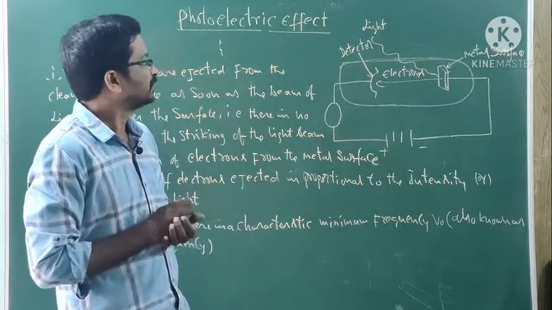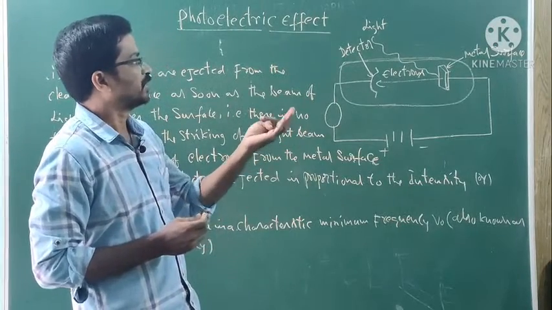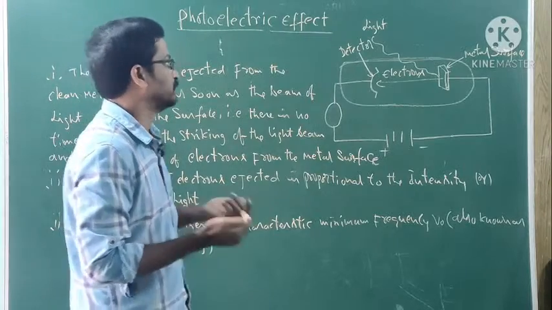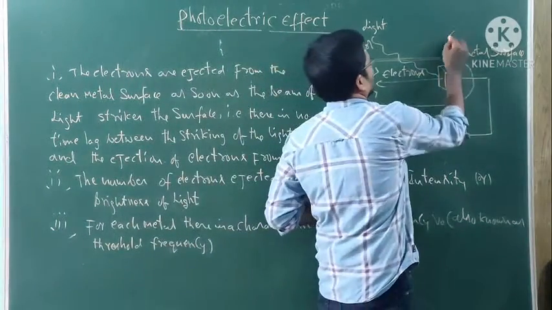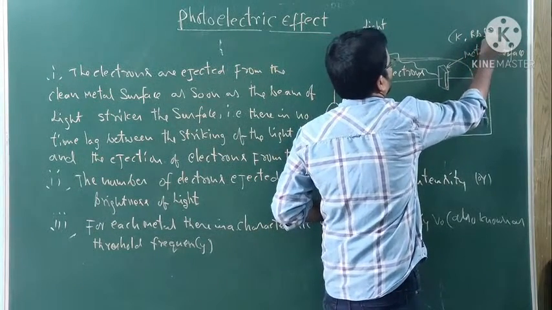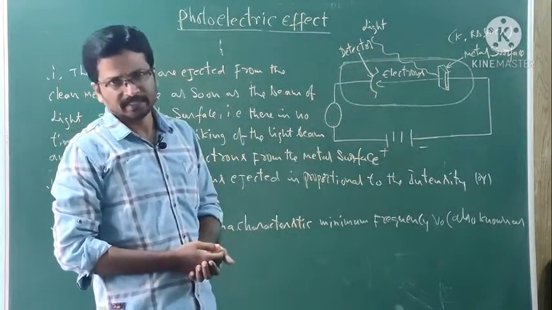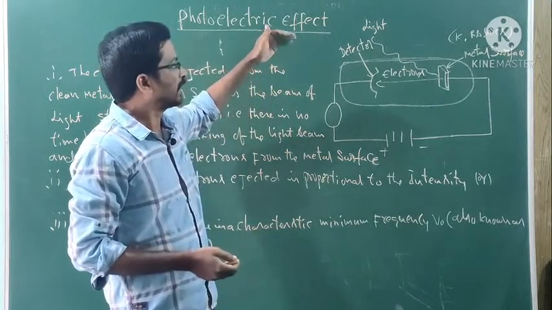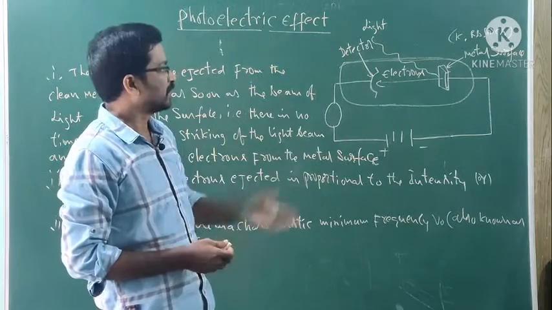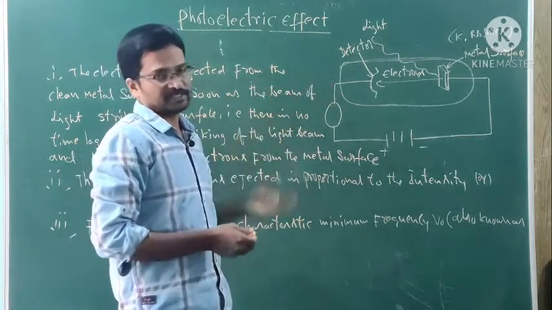In this experiment, he took some alkali metals, potassium, rubidium, cesium. Light is projected on that metal surface. Then he observed that some electrons are ejected from the metal surface.